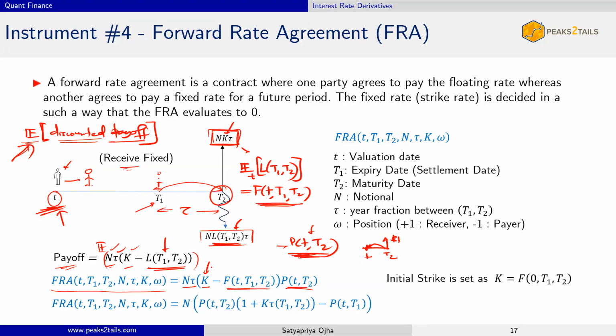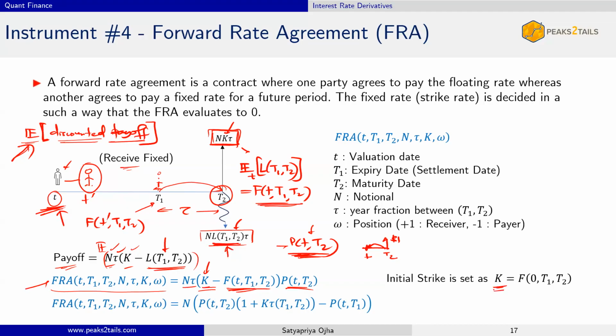And then later when the floating rate evolves, when you move forward in time, your expectation of L will change. Your new expectation will be F(t', T1, T2). Accordingly, the value will get updated, so whoever wins will gain money. So at inception, the value is zero. If it is zero, then K is simply this.